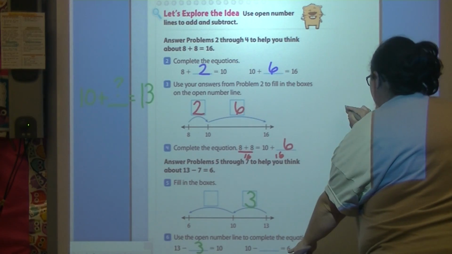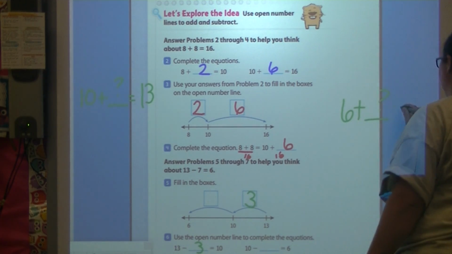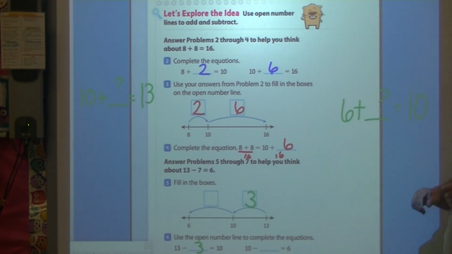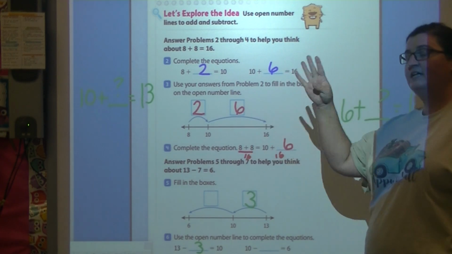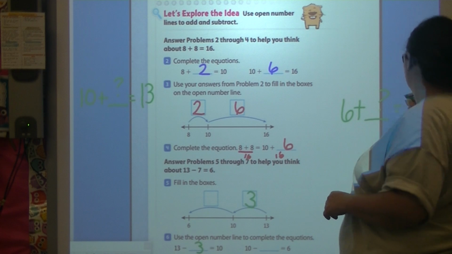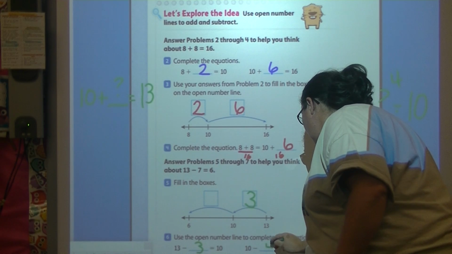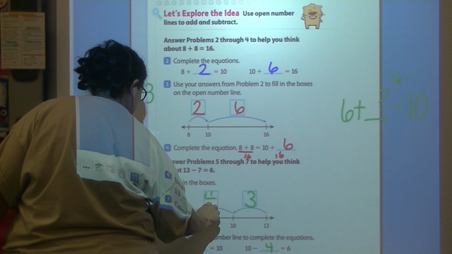We can say 6 plus what number equals 10? Let's count on. Start with 6, 7, 8, 9, 10. How many? 4. So 10 minus 4 equals 6.